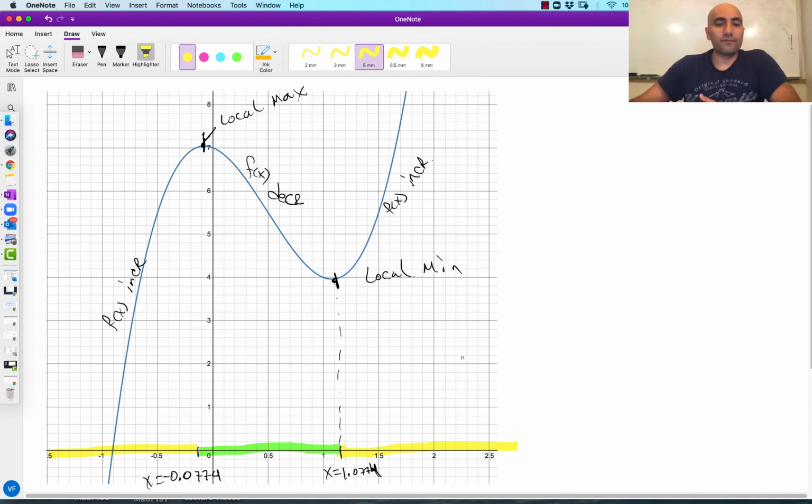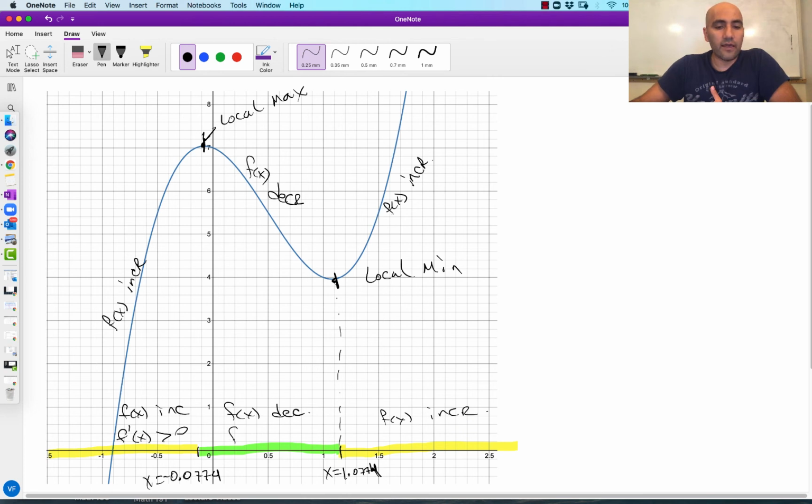Okay, so f of x is increasing, f of x is decreasing, and f of x is increasing, which means that f prime of x is greater than 0 here, f prime of x is less than 0 here, and f prime of x is greater than 0 here, right?